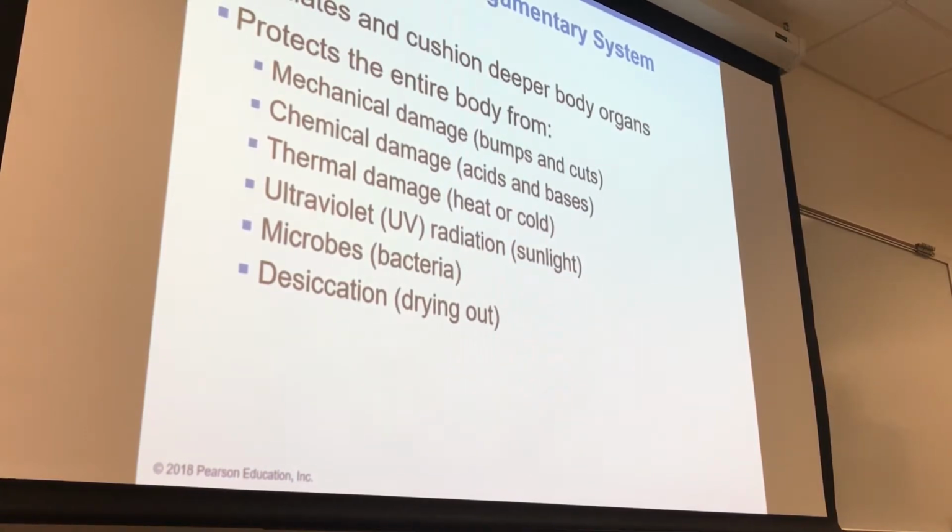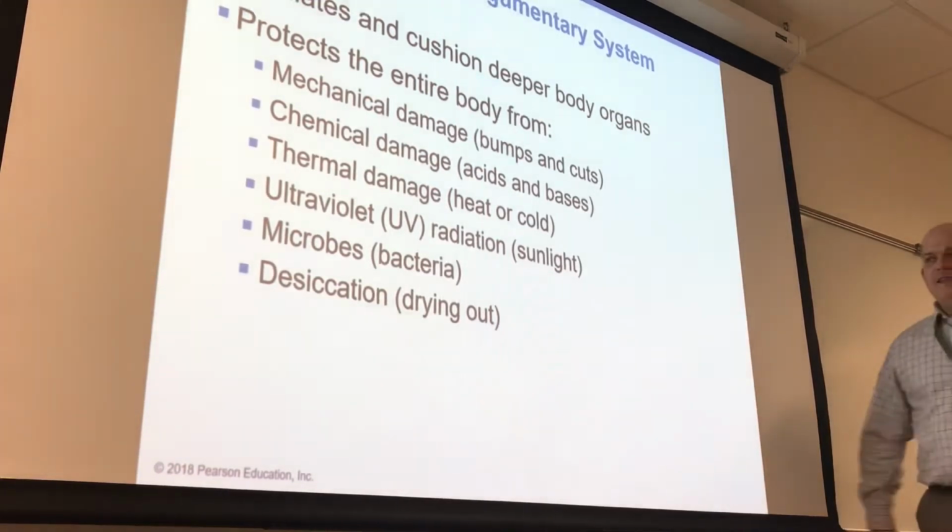It protects us from microbes. Think about public restrooms, which are just kind of gross places, with all the other people touching everything in there. But our skin does a great job of keeping any sort of microbe, bacteria, viruses, what have you, from getting into the body.